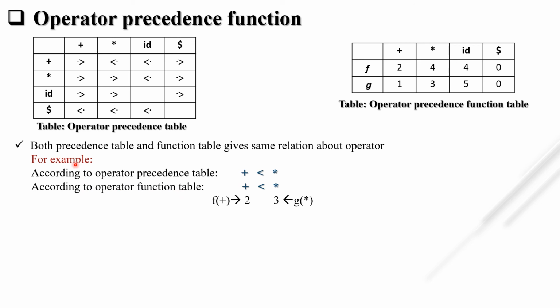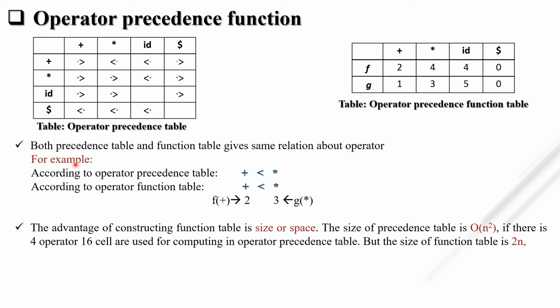So why do we have to create this operator precedence function? What is the major concern? The major concern is size. The advantage of constructing the function table is size or space. The size of the operator precedence table is n square. If there are only 4 operators, then 16 cells are used in the operator precedence table. How many cells do we use here? 16.